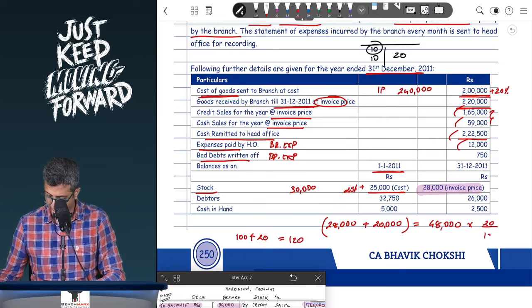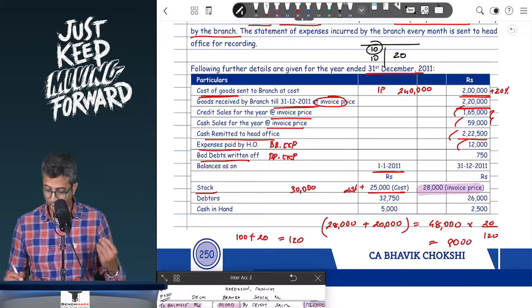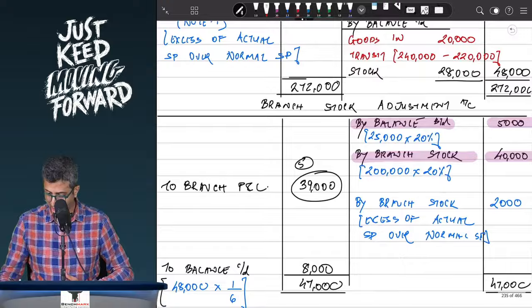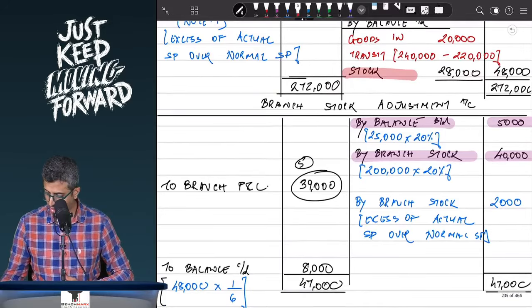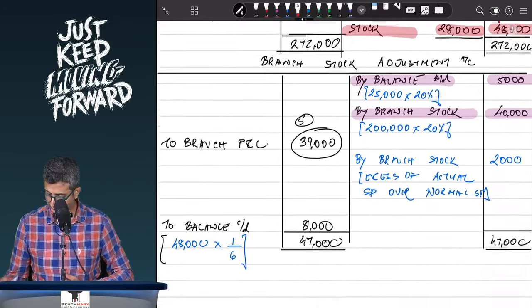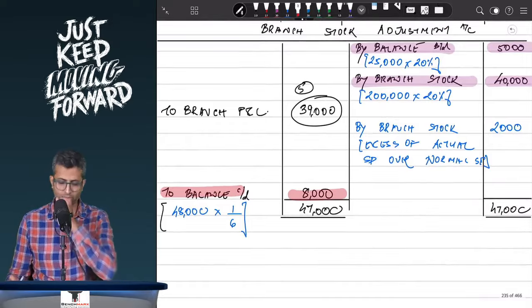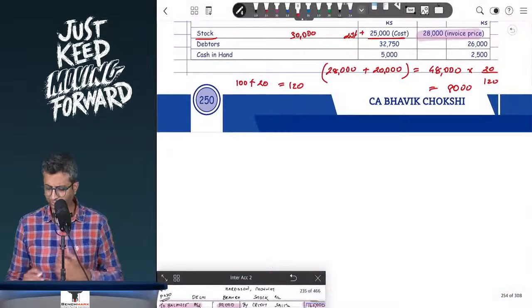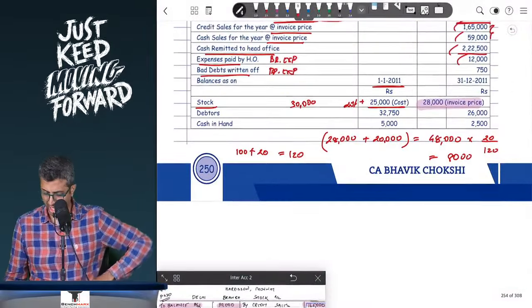So this is 20 by 120 and hence this is 48,000 divided by 120 into 20 comes to what? 8,000. So this will be your stock reserve. So your closing stock will be 48,000 with a stock reserve of around 8,000. As you can see, closing stock 48,000, total of these two, and a stock reserve for the same at 8,000.